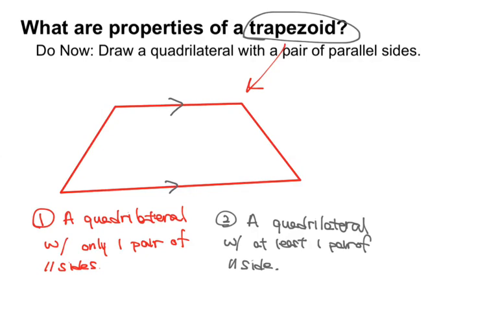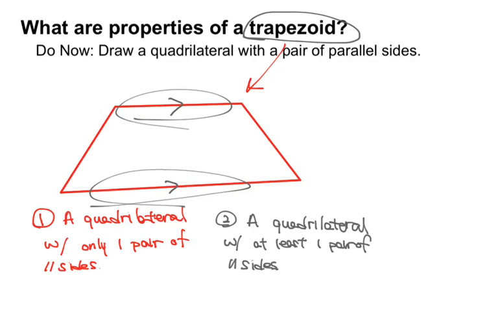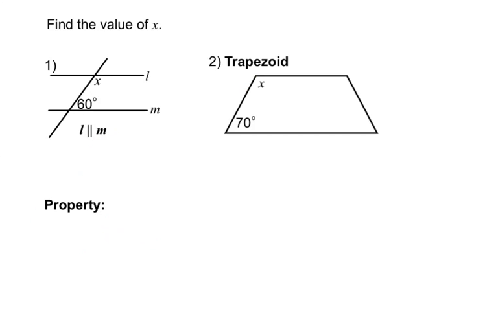Now, I understand each one will give us a little bit different point of view, especially when we're getting into parallelograms. But for now, we will loosely understand that the trapezoid has at least one pair of parallel sides. That's what we're going to assume. All right, then let's move on to the second part here.